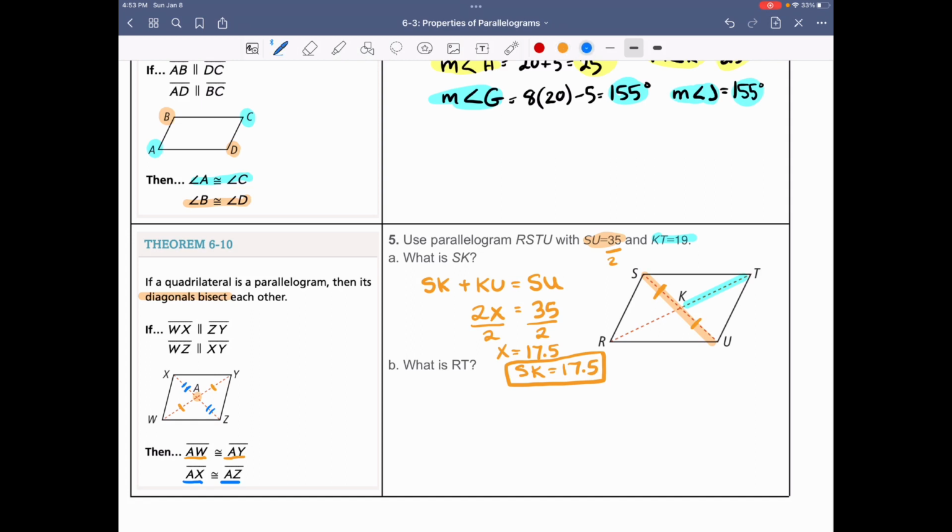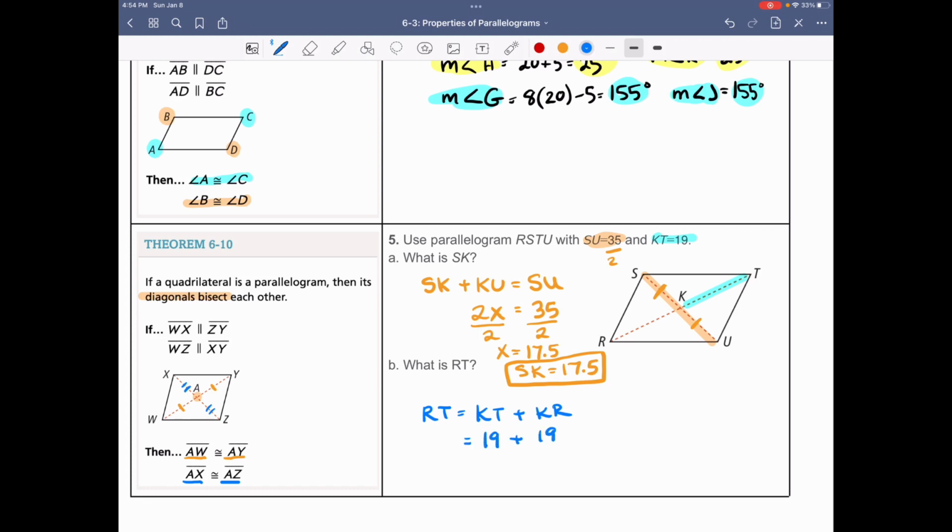Part B. What is RT? So RT is going to be equal to KT plus KR. And together those are equivalent. And so if KT is 19, then KR is also 19.